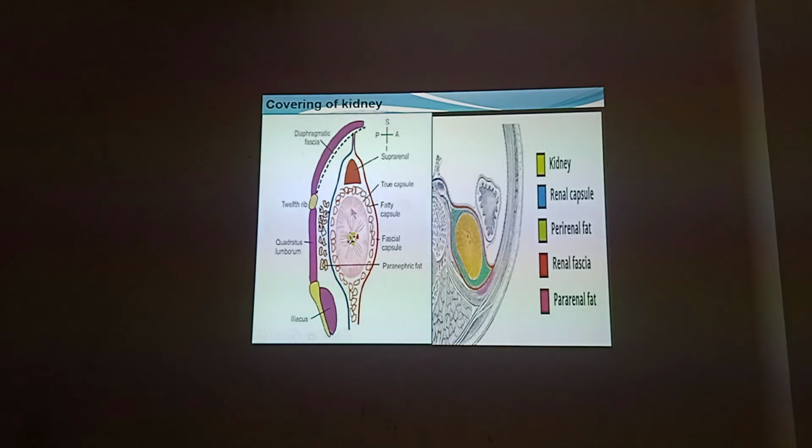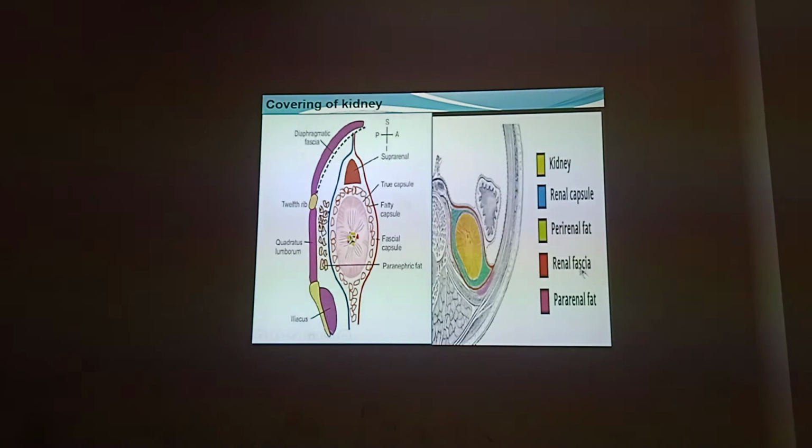And then comes perirenal fat. After renal capsule, this is perirenal fat, which is a brown adipose tissue, and it lies within the kidney as well as in the renal sinus. It penetrates within the renal sinus, and then comes renal fascia.